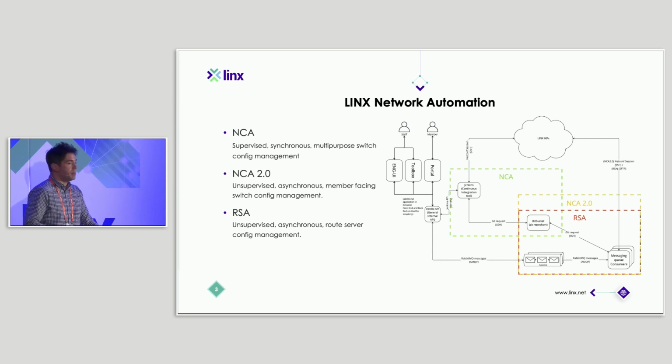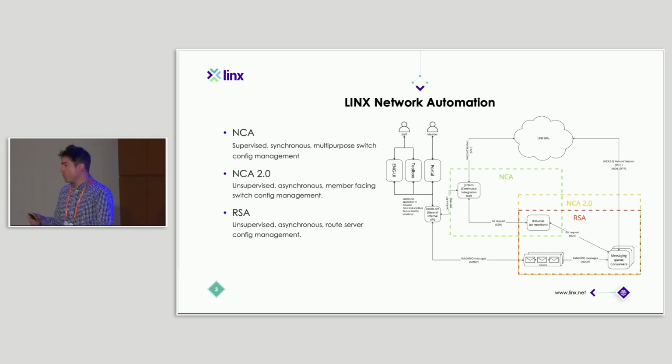Each message contains basically a specific action that you want to perform on a switch. And that information gets complemented with some extra information coming from the APIs. And then, again, using the APIs in Napalm, we push those changes into the network.